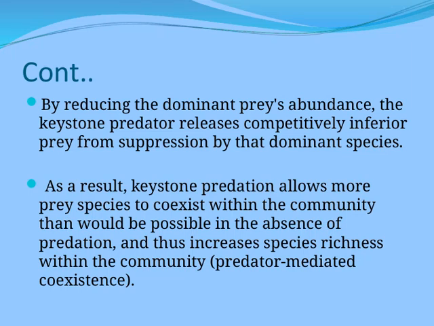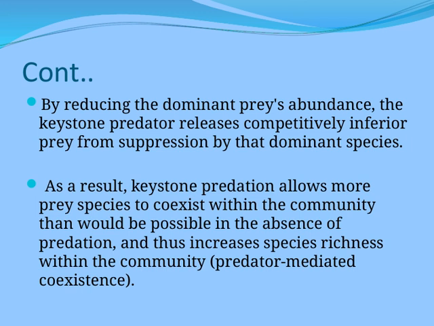So, continuing from where we left off, let's look at what happens when a keystone predator reduces the abundance of what we call the dominant prey. By doing so, the predator actually releases the less competitive prey from being suppressed by that dominant species. This is a really crucial point, because it shows how predators can structure communities not just by controlling prey populations, but by maintaining a balance that allows multiple species to coexist.